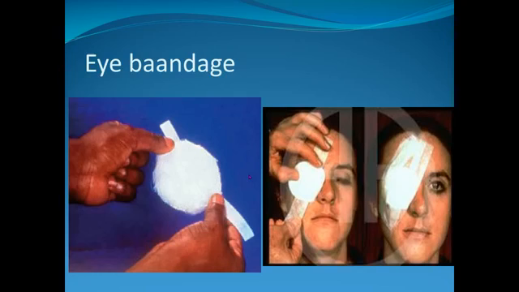And there is another procedure, the eye pad bandage. There is a photograph of how you give an eye bandage. Usually eye bandage has many uses; especially here we discuss corneal laceration. Corneal laceration needs an eye pad bandage.